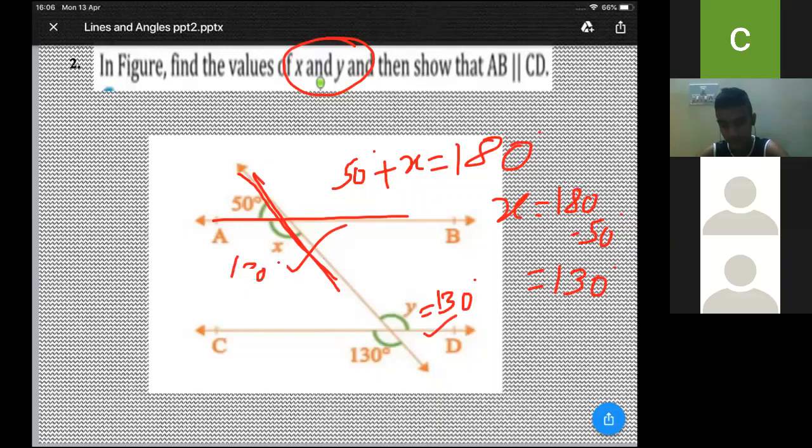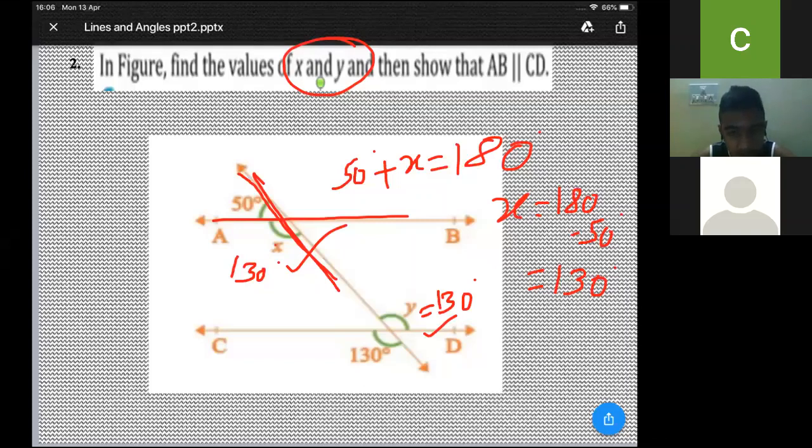Now, what about the second one? Then show that AB is parallel to CD. So, what are the properties we can use here to show that lines are parallel? Tell me, children, when we can say that lines are parallel?